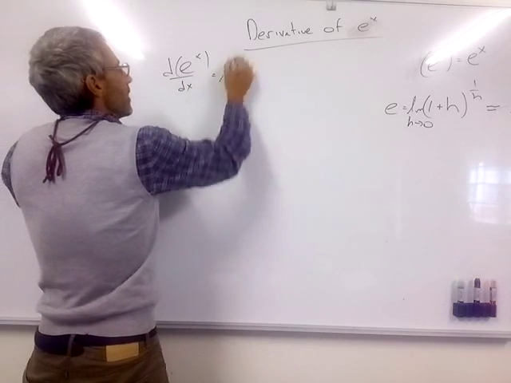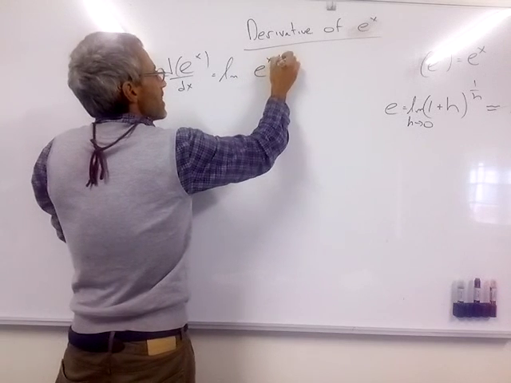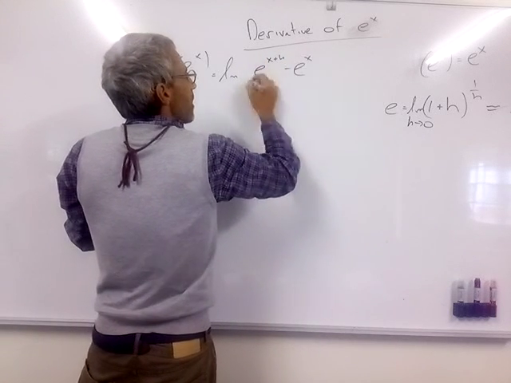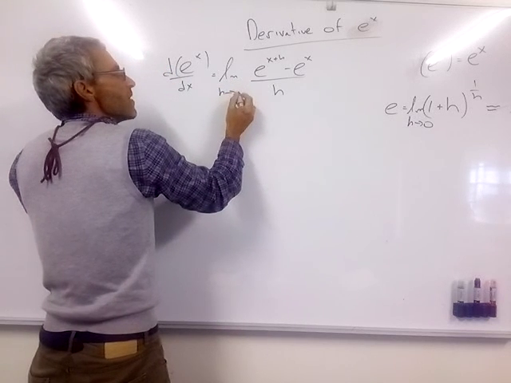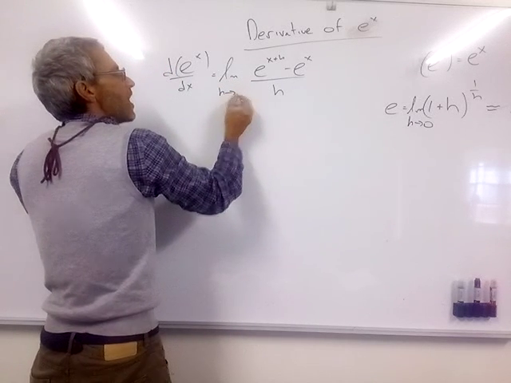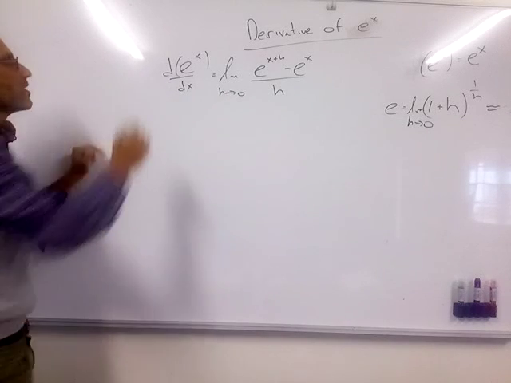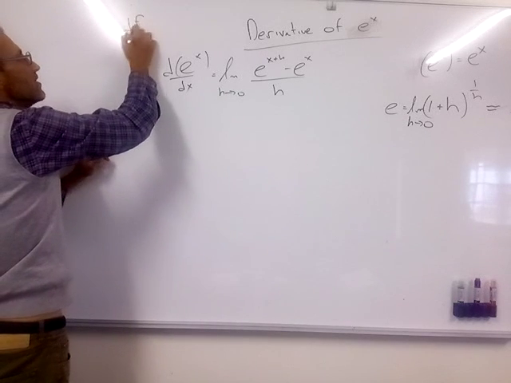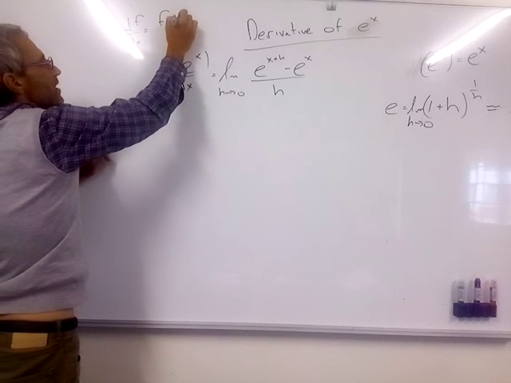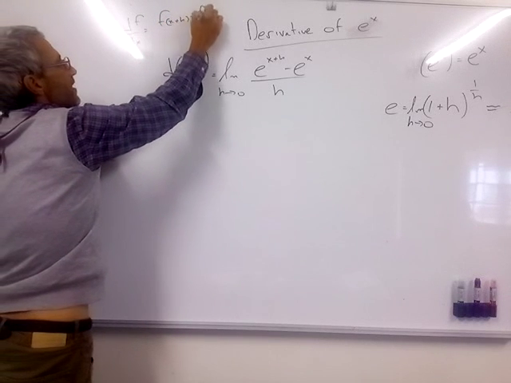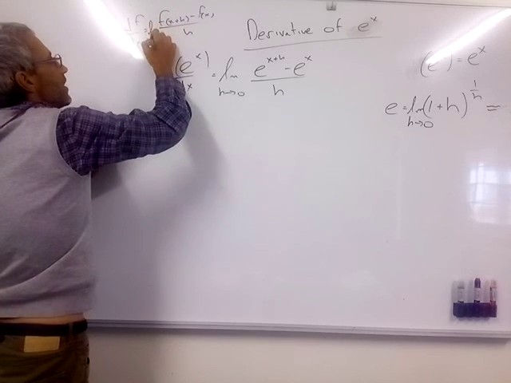Well, if you remember, it's basically e to the power of x plus h minus e to the power of x, divided by h, in the limit where h approaches 0. Maybe I should have reminded you, what is the derivative of any function? df over dx is f of x plus h minus f of x, divided by h, in the limit h approaches 0.